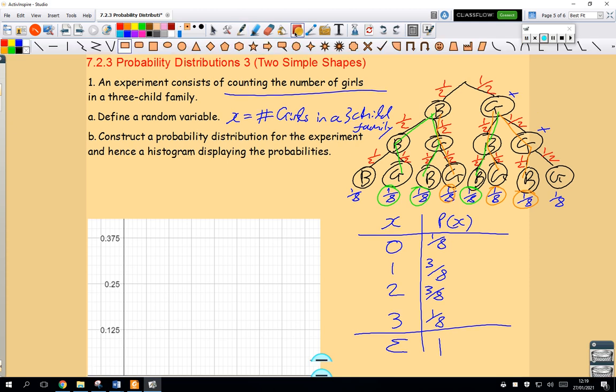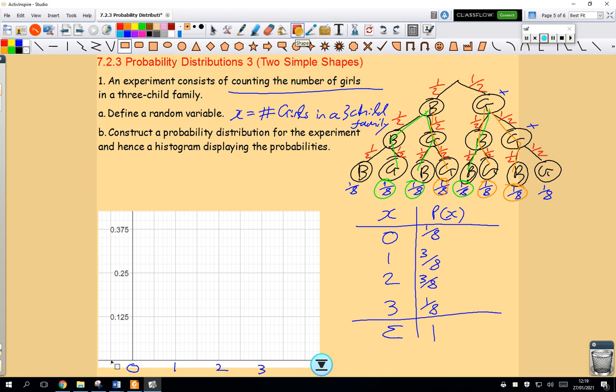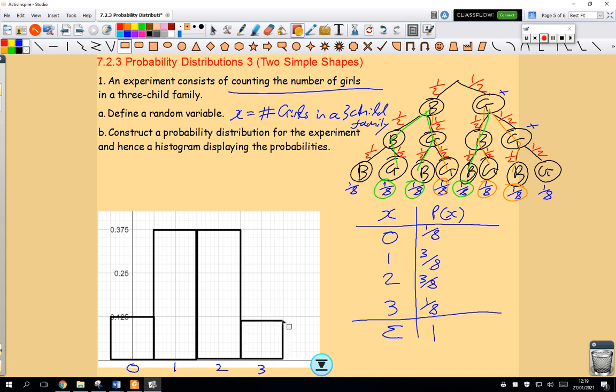So I'm going to draw a probability distribution. I'm going to graph it. The probability that there are 0 girls, well, that was 1/8. The probability there was exactly 1 girl, well, that's 3/8. The probability that there were 2 girls is 3/8. And the probability that there were 3 girls is 1/8.